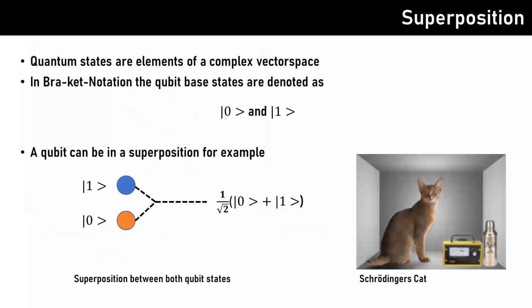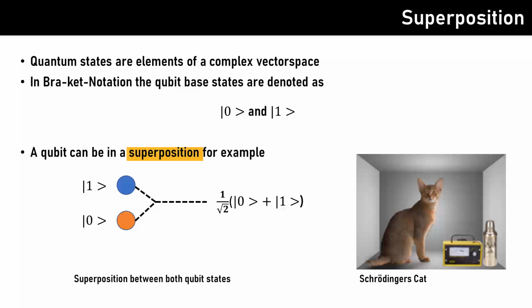Let's formalize the idea of a qubit a little bit more. In quantum mechanics, the states are described by elements of a complex vector space and denoted by a well-established bracket notation. In this notation, the two states of a qubit are denoted by ket 0 and ket 1. Now here is another difference to the classical bit. Quantum mechanical systems can be in states which are beyond our real-world understanding, in so-called superpositions.